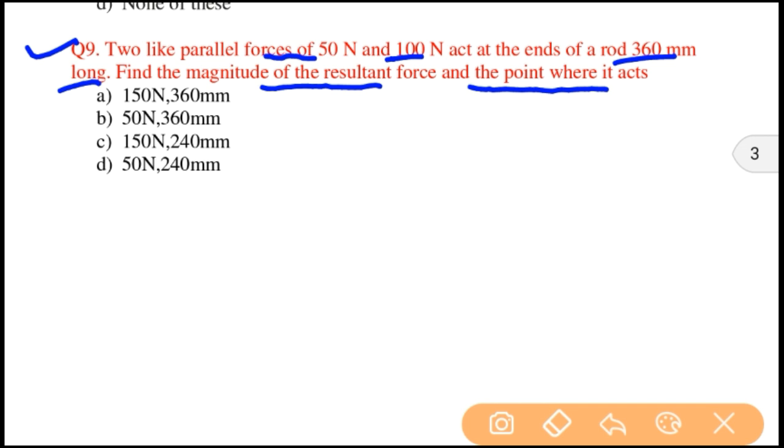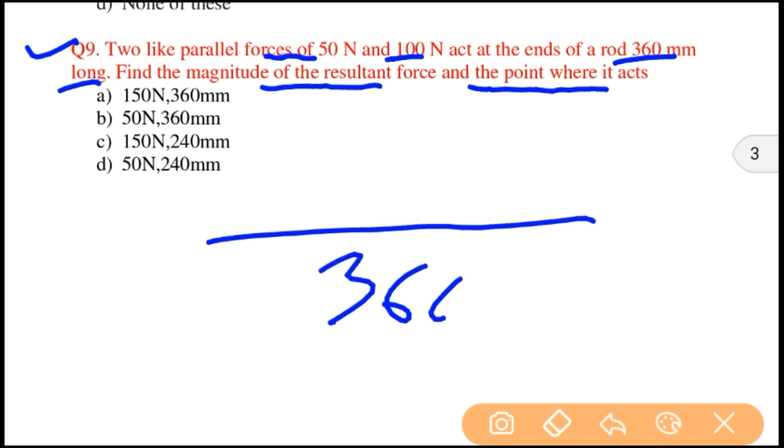Like parallel forces means both forces are in the same direction. We can take both as upward or both as downward. So let us take both as upward.